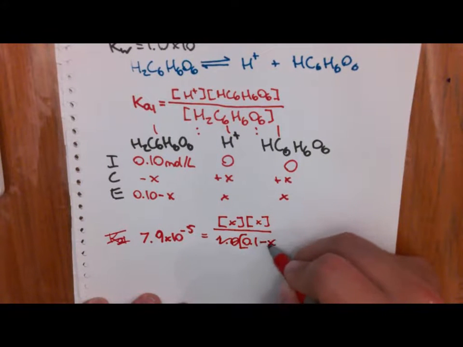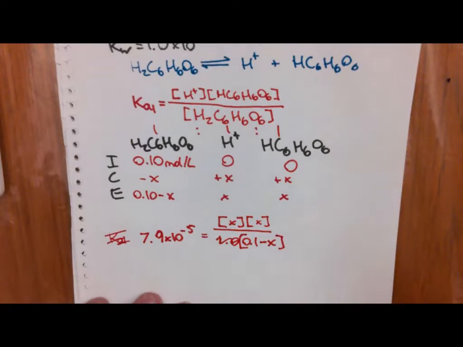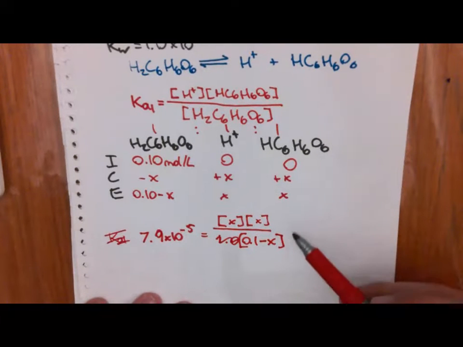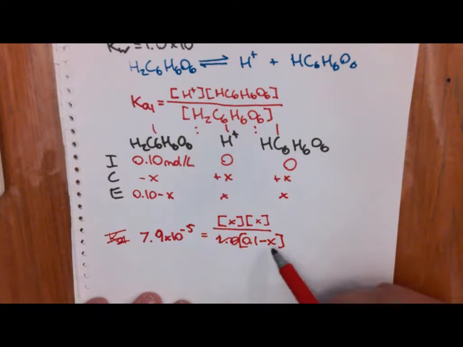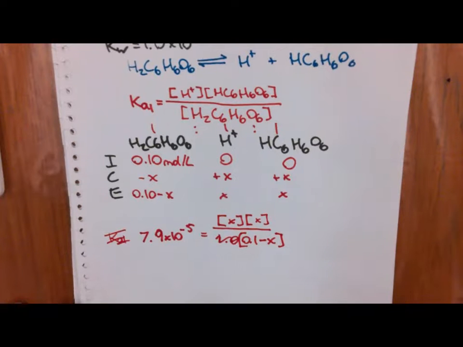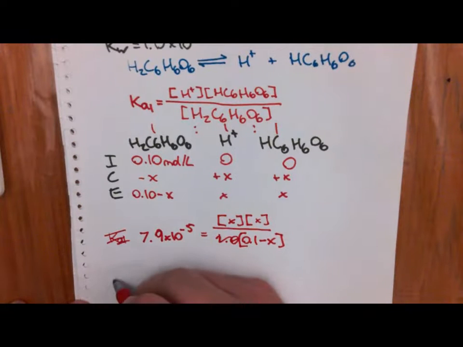minus X. All right. As soon as we see this, we think, oh no, we don't want quadratic equation. So let's try and do everything in our power to get rid of this X at the bottom. That way we only have to deal with X squared, and we can simply square root everything. So to do that, we need to do our rule of 100 or 100 rule.